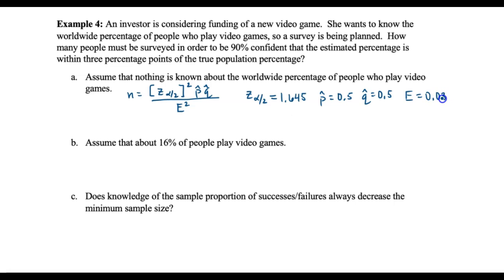And so that's our error. And so now we can calculate this n for the given values. And we get that this is the quantity 1.645 squared times p, which is 1/2, times q, which is 1/2, divided by e squared, so 0.03 squared.